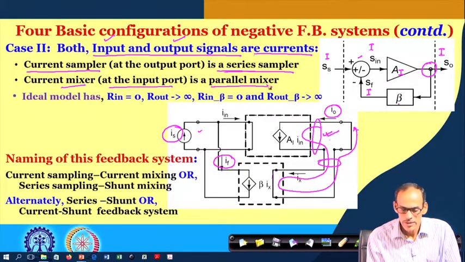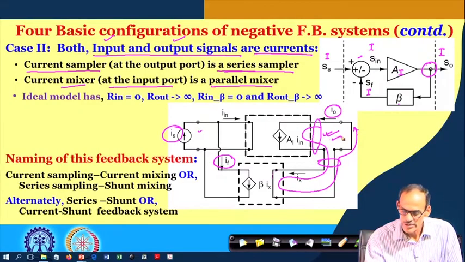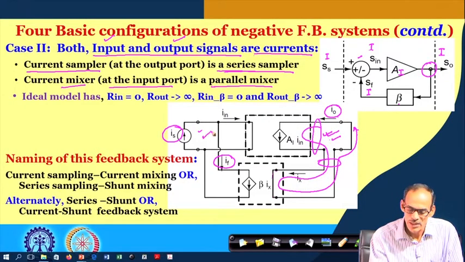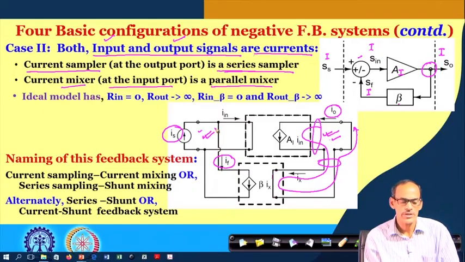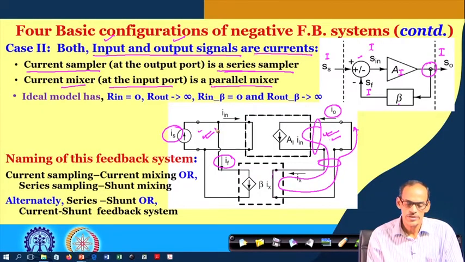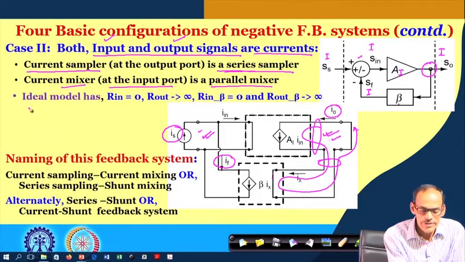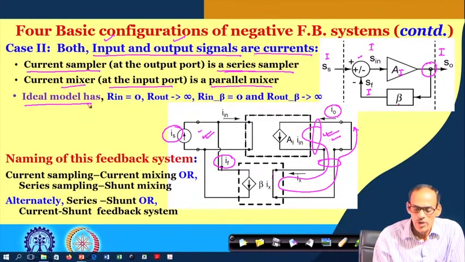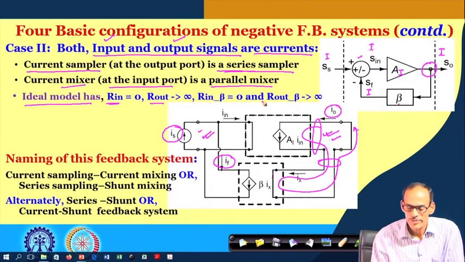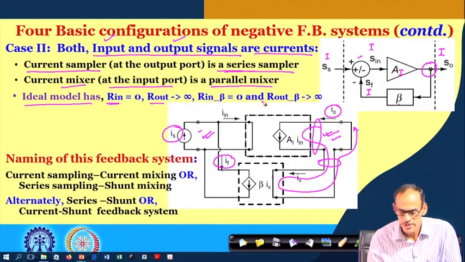So, in summary, what we have here is series and here it is parallel. Compared to the previous case, here the situation got changed. Also, if I consider the ideal model to avoid the loading effects, the input and output resistance of the forward amplifier and the feedback path need to be appropriately changed.